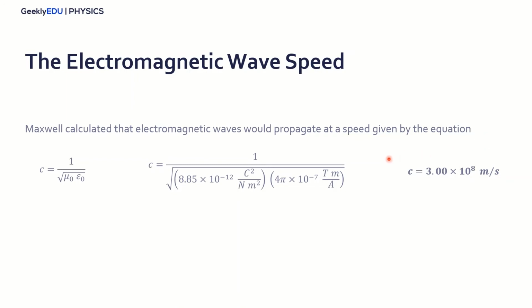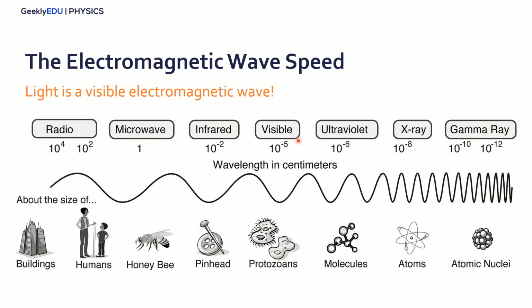In fact, light is a visible electromagnetic wave. The only thing that changes is the frequency or the wavelength. The visible spectrum from red to violet is around wavelengths from 10 to the negative 2 to 10 to the negative 6 meters. This is visible light.